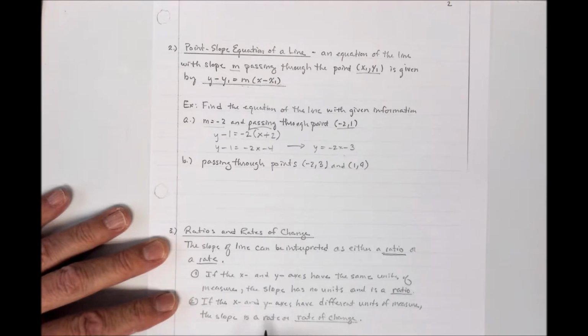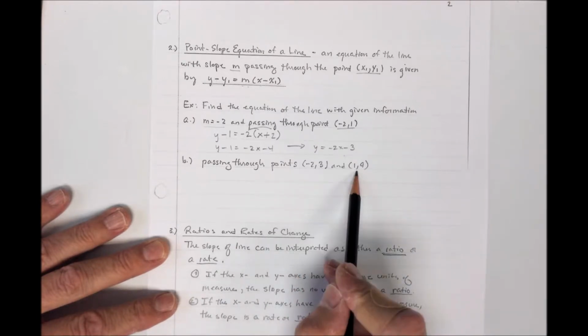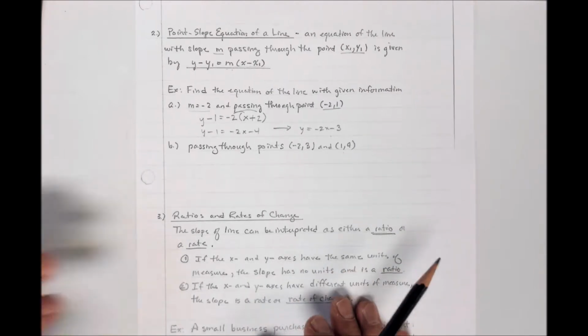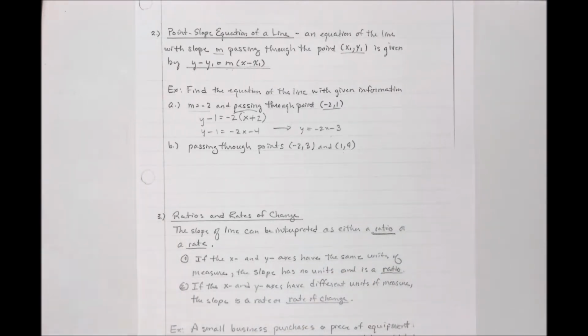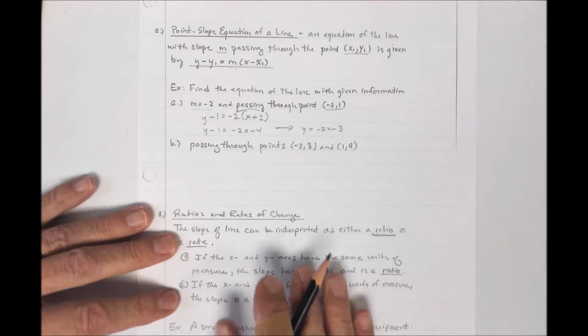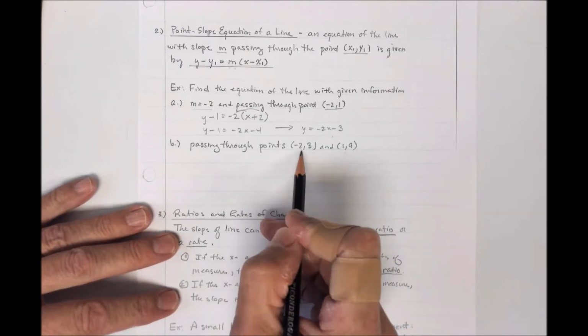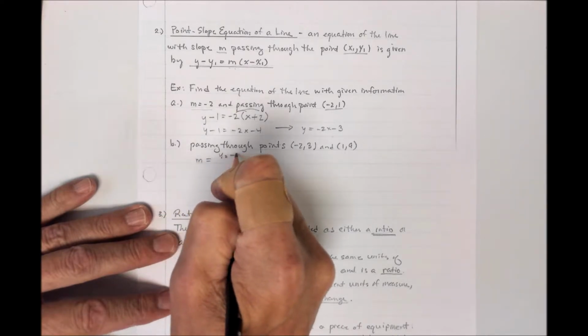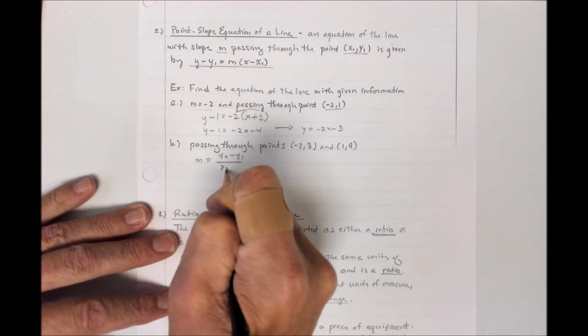Now let's say that we have 2 points, which of course determine a line, and I ask you to find the equation of that. Well, 2 points determine a line means that I'm going to use the slope formula, y sub 2 minus y sub 1 all over x sub 2 minus x sub 1.